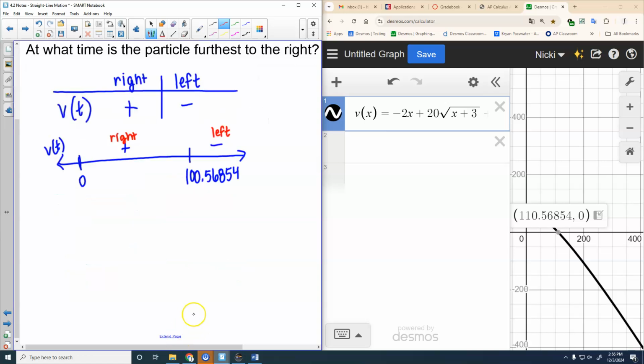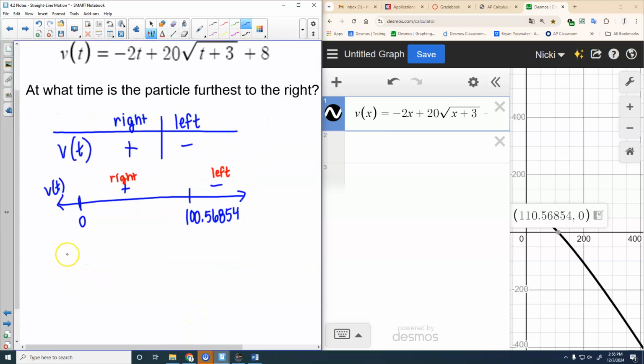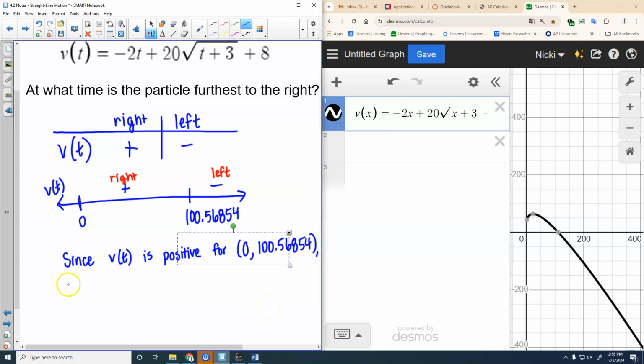So we would say, I would probably say it this way. Since v of t is positive for 0 to 110.5685, the particle... oh wait, 110.